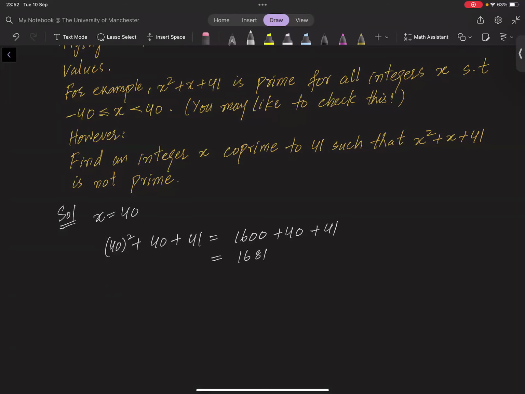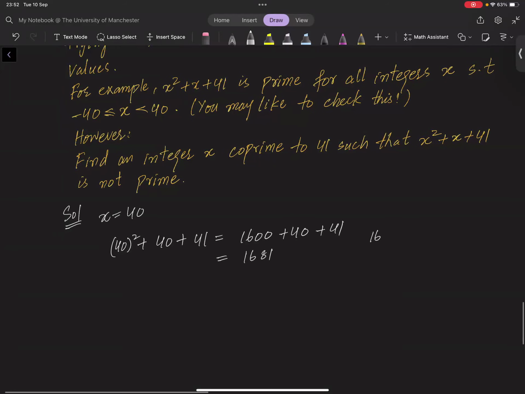Why? Because this one is divisible by 3, I think. Let's see, 1681 divisible by 3, no. 5, no. 7, no. 9, no. 11, no. 13, no. 15, no. 17, no. But it's not prime.